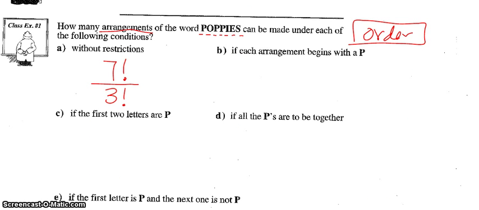It's a permutation question. If each arrangement begins with a P, well, let's use our fundamental counting principle, right? Start with P. How many P's are there? Oh, there are 3 choices. Any one of them will do.